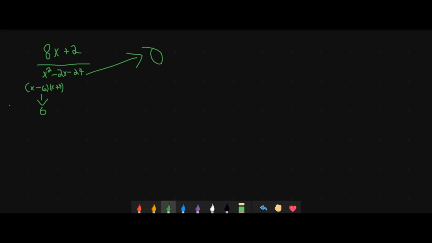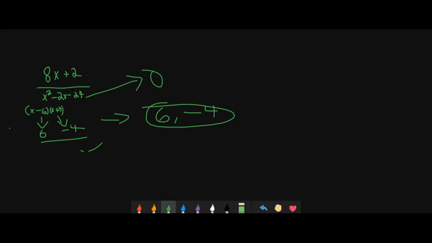This would be a 6, and this would be a negative 4. So for these two values, it's undefined. So for 6 and negative 4. That's all we need to do for the slightly more difficult type of these problems. It's nice and simple.